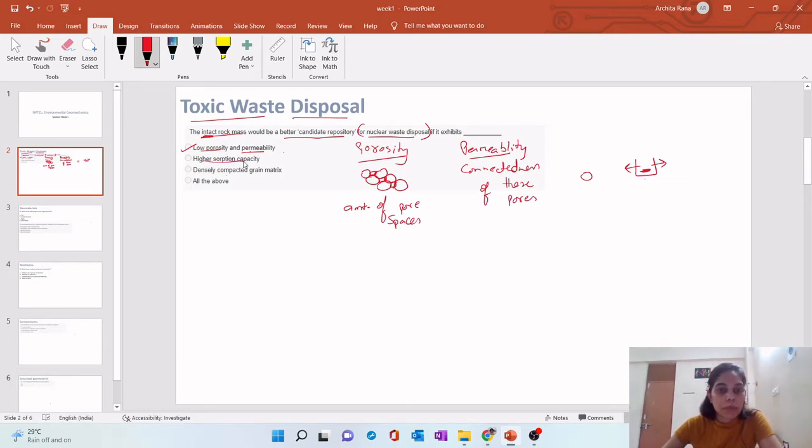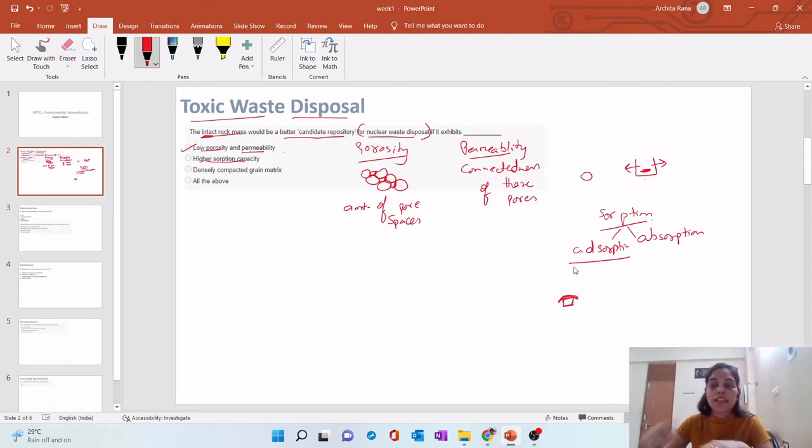Another is about the sorption capacity. Sorption is a term, and there are different types of sorption. Let's say there is adsorption and there is absorption. Adsorption means that if this is a particle and another substance, for example any liquid, let's say water or oil, or in this case a nuclear waste, attaches itself on the surface of this particle, that is adsorption.